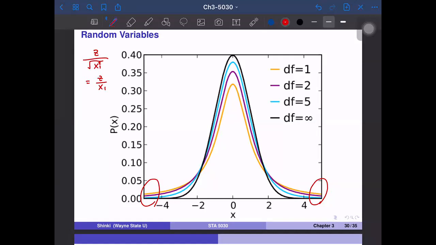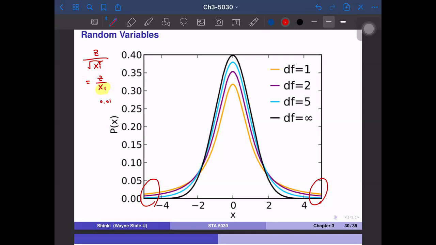And you can see that the denominator being around 0 is actually often the case, because this is normal 0, 1. If the denominator is, for example, 0.01, z over x1 is a very large number. If z is just 1 or 2, those are typical numbers, but still the ratio is 100 or 200.